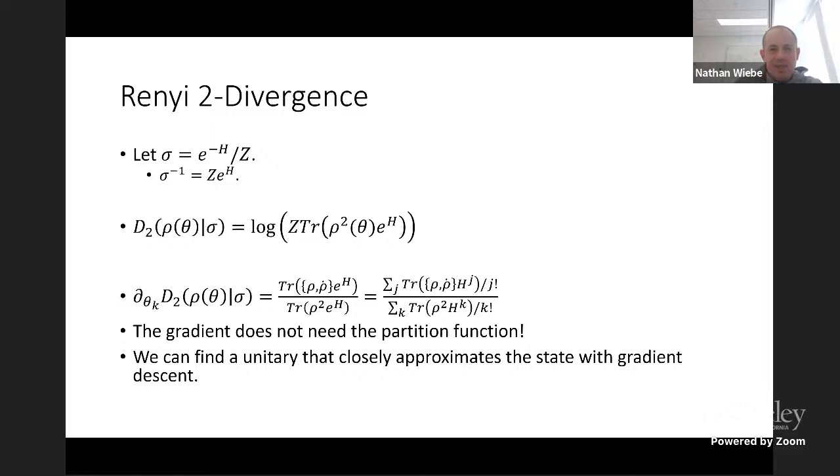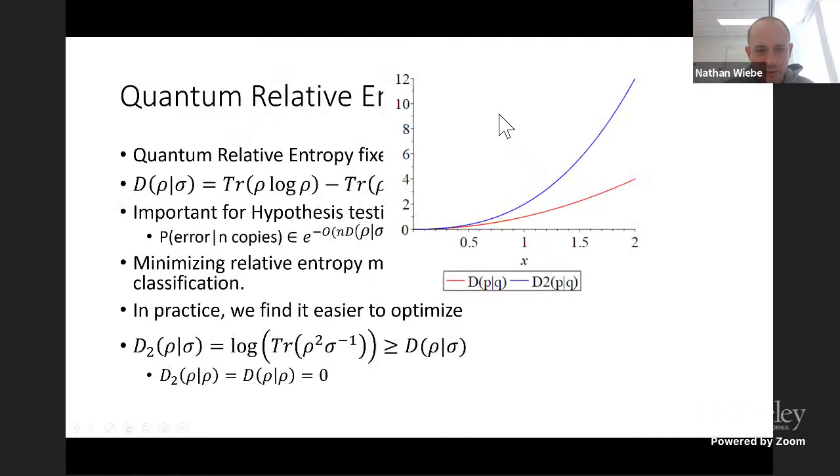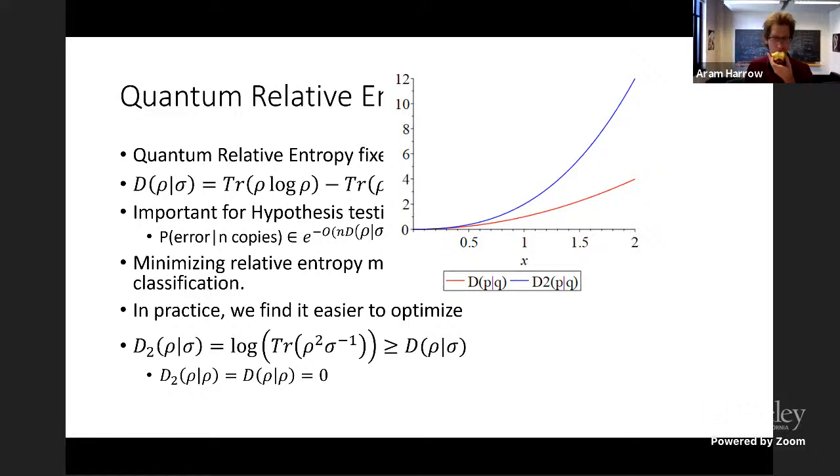So in any case, I just wanted to go through and show why looking at Gibbs states is so awesome for the Rényi 2 divergence. The reason why it's so awesome is, take a look at this. The distance between the two states is the trace of rho squared sigma inverse. Now, sigma inverse is a pain to compute normally.